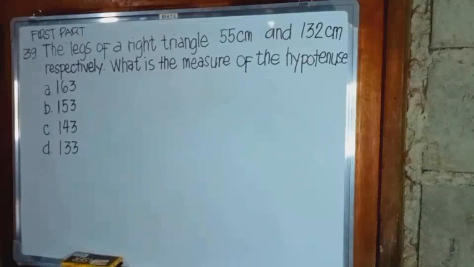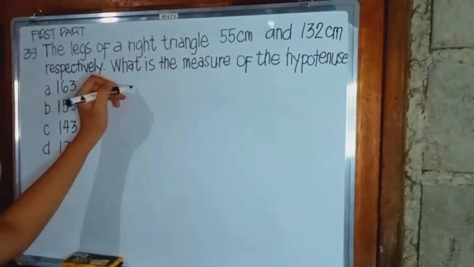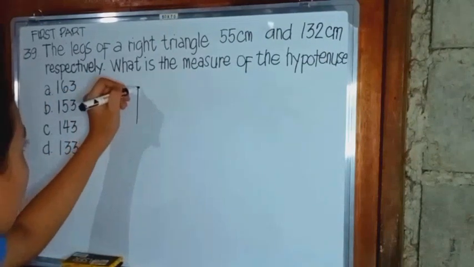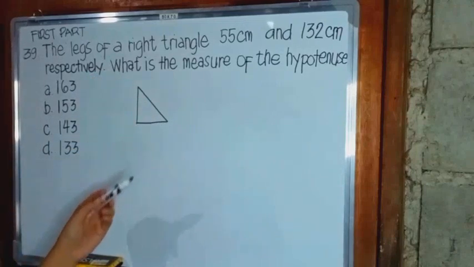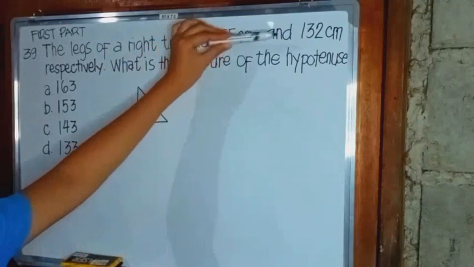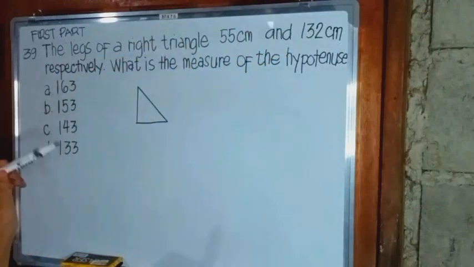The legs of a right triangle are 55 centimeters and 132 centimeters.